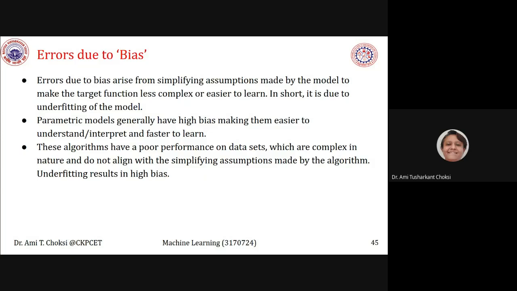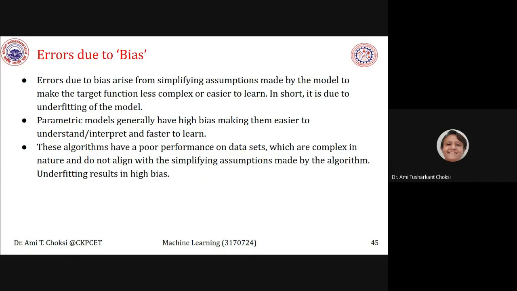Let us see errors due to bias. Errors due to bias arise from simplifying assumptions made by the model to make the target function less complex or easier to learn. In short, it is due to underfitting of the model.